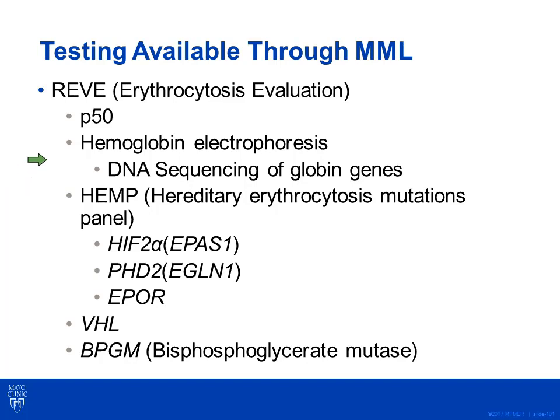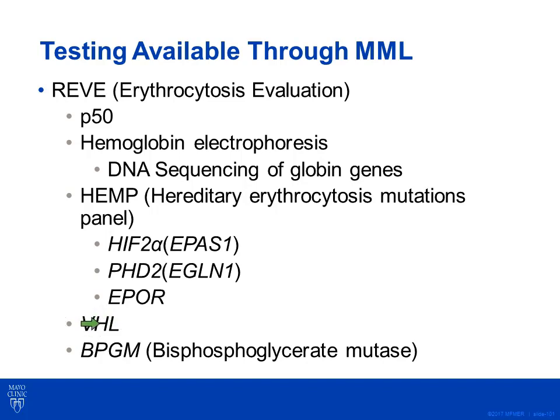This gets back to what I was talking about, where it's not actually following that algorithm. If you order the hemp panel, you get HIF2 alpha, PHD2, and the EPO-R. Those are all clustered together. And the VHL is not part of that group because of the von Hippel-Lindau syndrome.